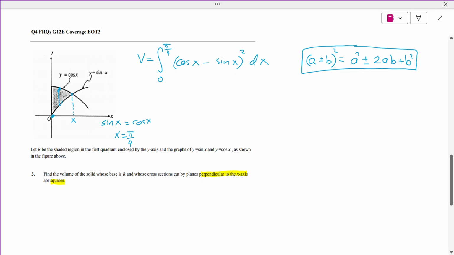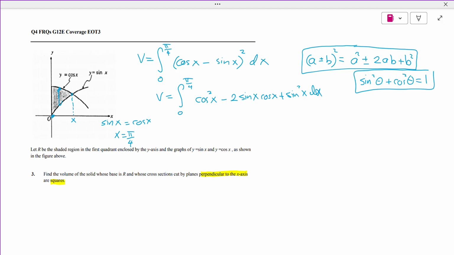Let's do that. So V equals the integral from 0 to pi over 4 of cos squared of x minus 2 sine of x cos of x plus sine squared of x dx. We know that sine squared of theta plus cos squared of theta equals 1, or sine squared of x plus cos squared of x equals 1. So we can replace them together with 1.